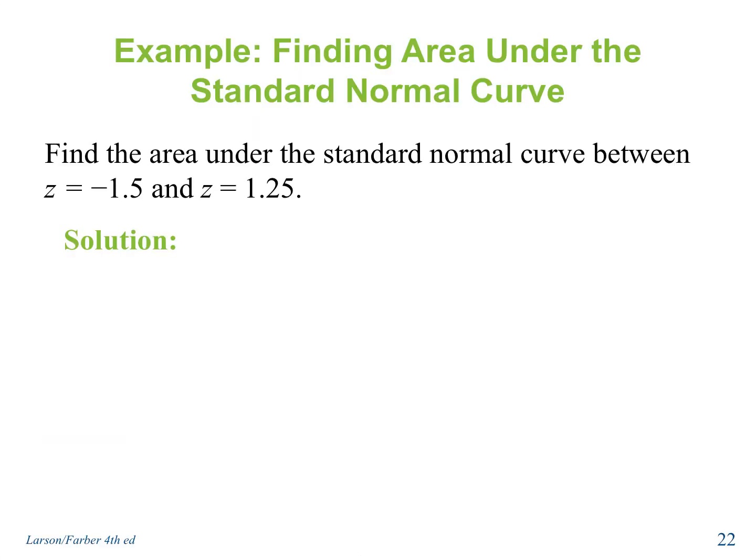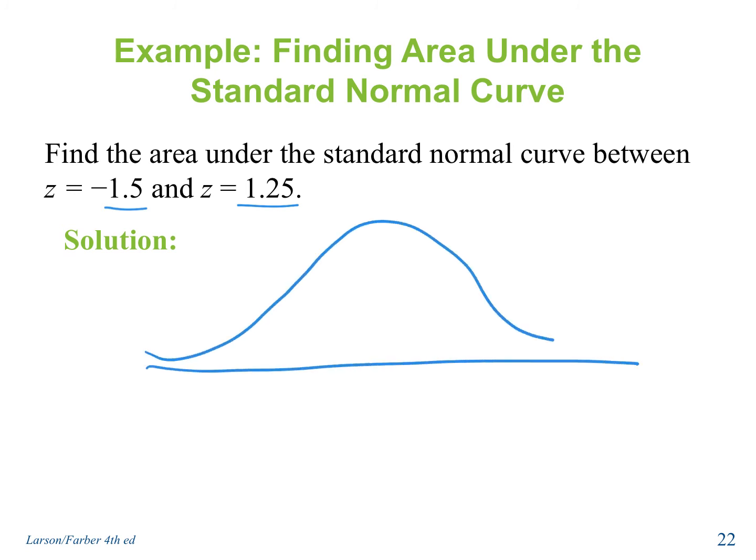All right, this time we are going to find the area under the standard normal curve between these two values. So we'll draw our bell curve, our standard normal curve the best we can. And we want to go from a z-score of negative 1.5, which is right about here, to a z-score of positive 1.25.